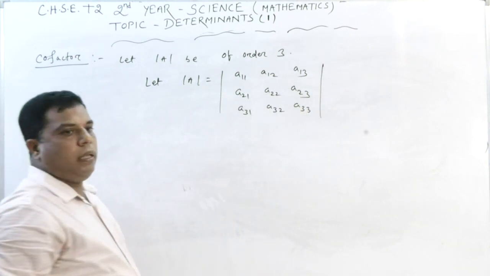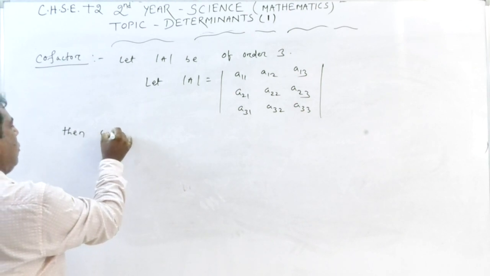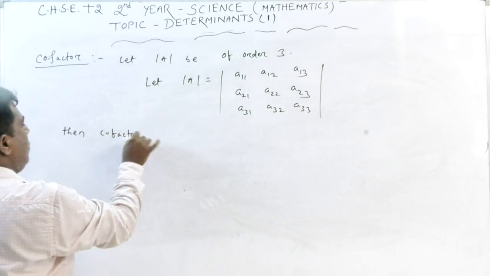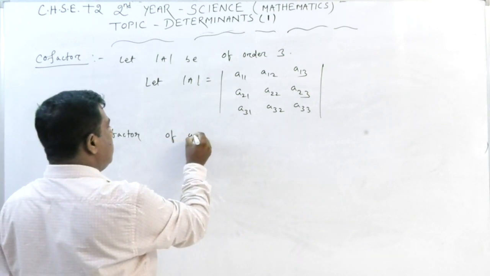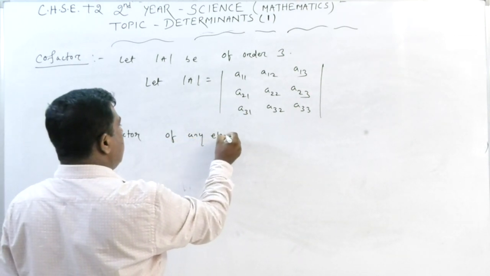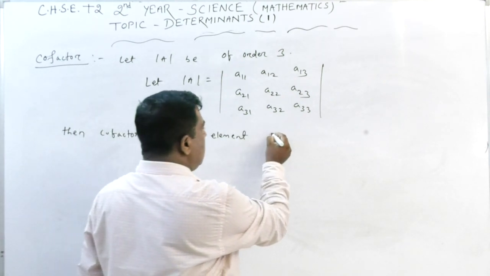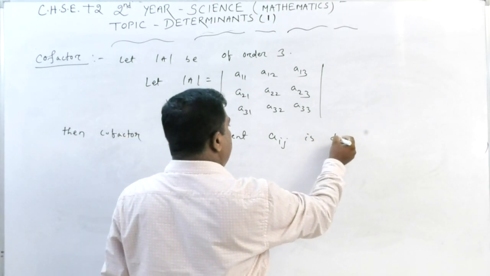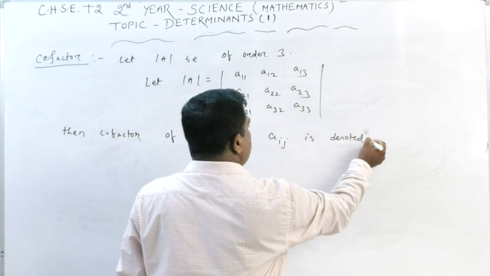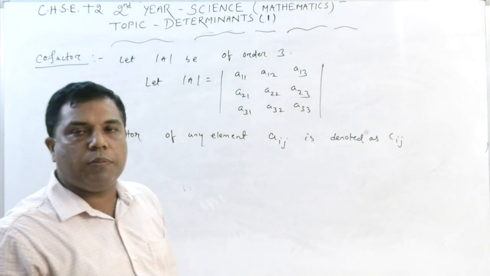Then the cofactor of any element, on generalization Aij, is denoted as Cij. It is the representation for cofactor.